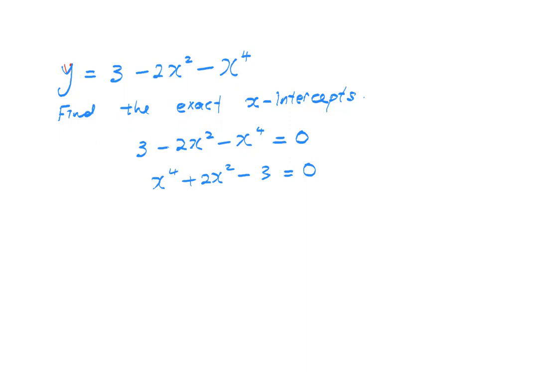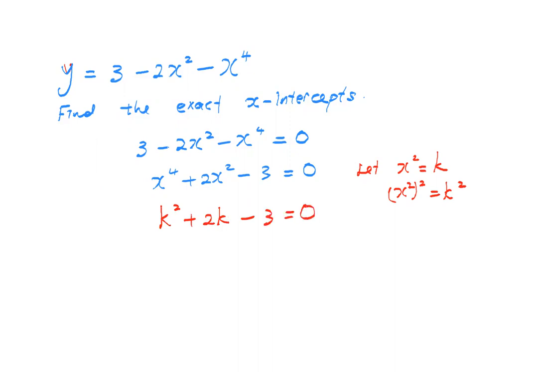So now, do you know this is a quadratic equation also? Yes, if I let x squared be equal to k. So my x to the power of 4 is x squared squared, am I right? So it is k squared. So now I write k squared plus 2k minus 3 equal to 0.